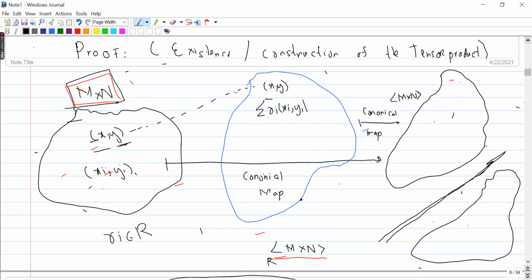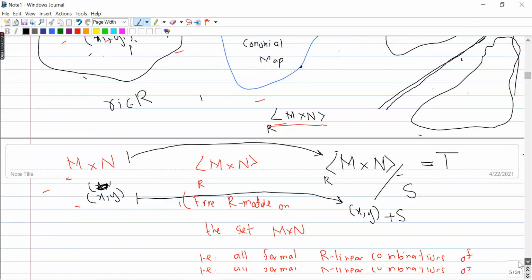So there exists, अब हमें ये नज़र आ रहा है कि M क्रॉस N से T के दरमियान जो T है, दोबारा इसको लिख दूँ कि ये जो क्वोशंट है इस पूरी चीज़ को मैं T कह रहा हूँ, इनके दरमियान एक canonical मैप तो जा रहा है। बट अब मुझे S के जनरेटर इस तरह से सेलेक्ट करना है such that this map would be a bilinear map.